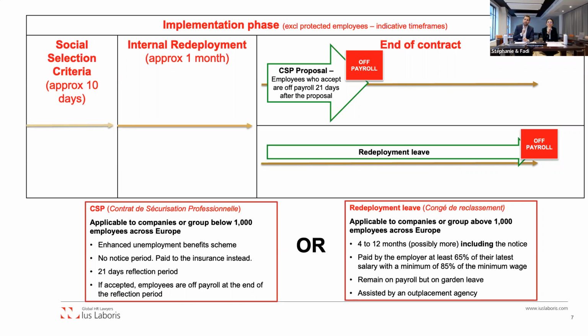But let's say you do that, then the employees will tell you, well, I'm better off with a CSP. So you have to bear in mind that the CSP will be a point of comparison for employees. And if you offer less, then of course you will get noise from the employees and from the labor authorities as well.